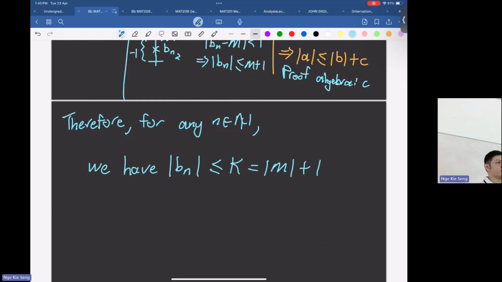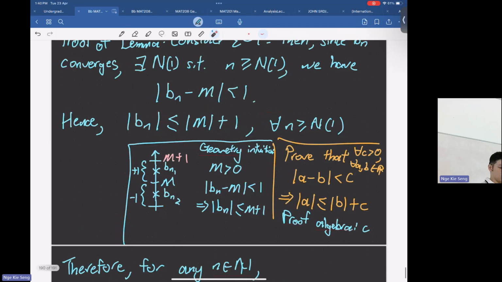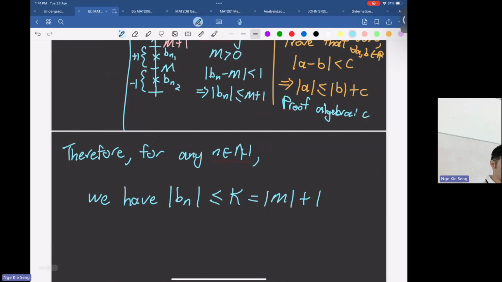Maybe not enough, right? Because if you have picked this bound here and then you pick the largest one, maybe this guy is the largest one. How about the previous guys? They could be larger. So you need to consider all the possibilities before. You need to take the maximum of all those finite guys.